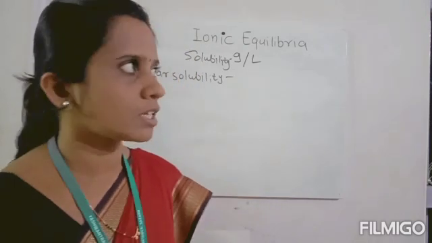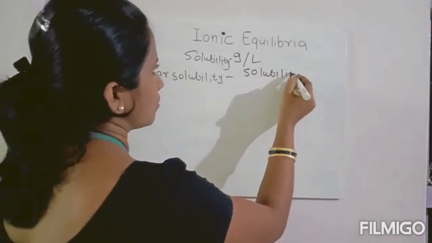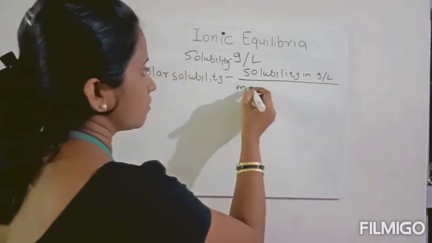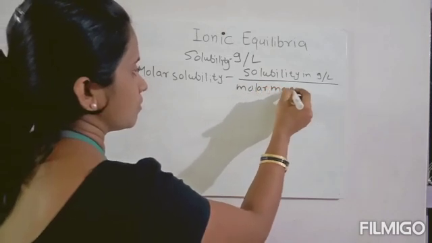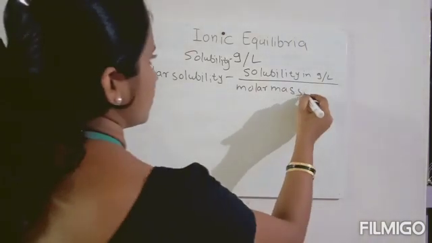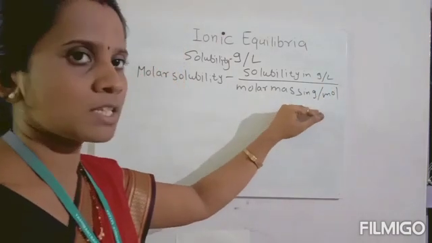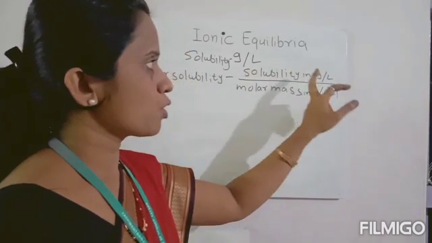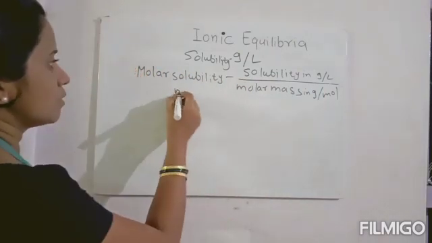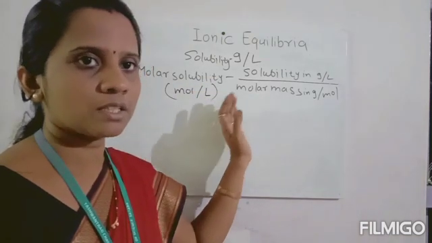So the formula for molar solubility will be solubility in gram per liter divided by molar mass of a given compound in gram per mole. Molar mass units are gram per mole, and for solubility gram per liter. So units for molar solubility will be mole per liter, or we can write it as mole liter inverse.